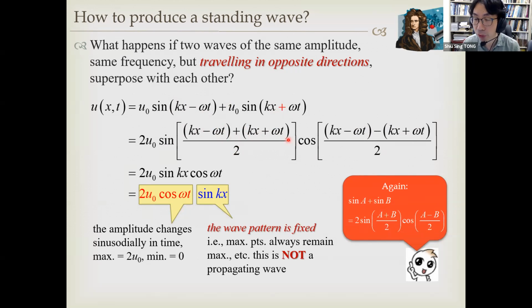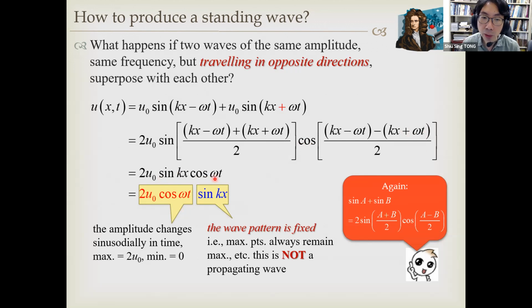The omega t cancels, and you simply have kx. And for the cosine factor, you can see the kx cancels, but you now have 2 omega t divided by 2. And because cosine is an even function, the minus sign doesn't matter. And so you have cosine omega t.